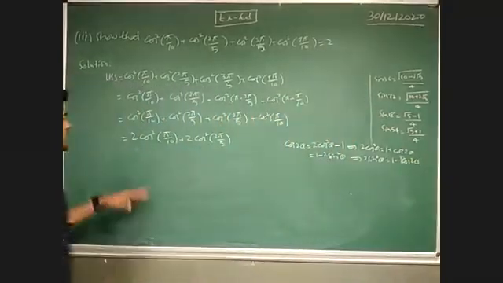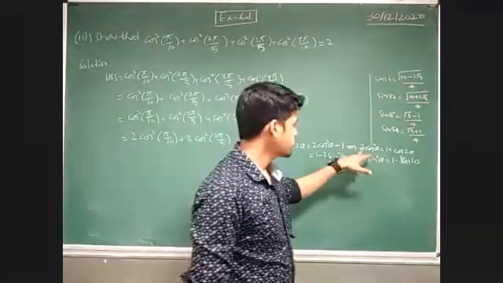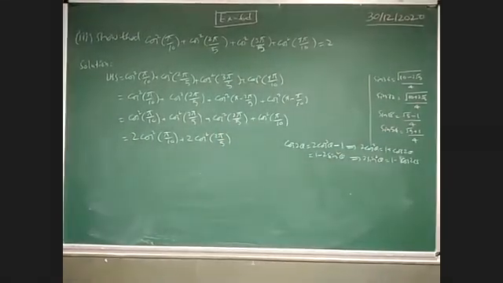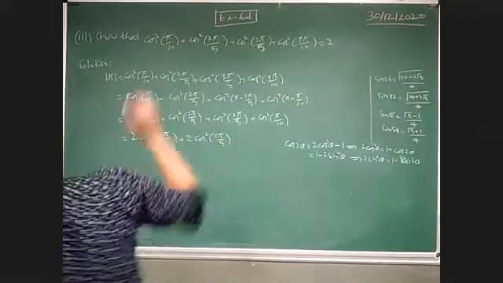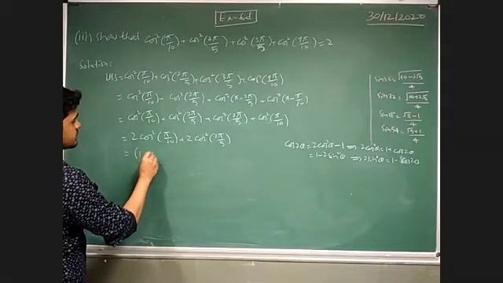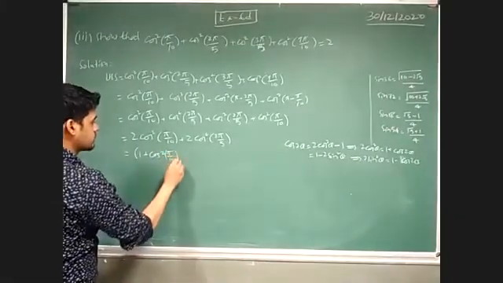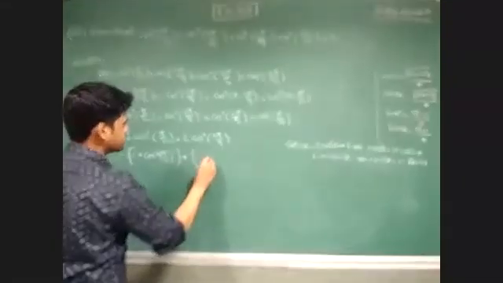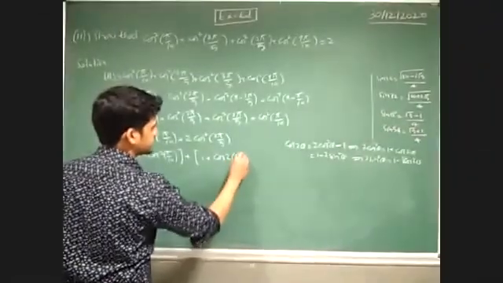So here I am able to write 2 cos square theta is equal to 1 plus cos 2 theta. Now just see here, this will be 1 plus cos 2 theta plus 1 plus cos 2 theta.